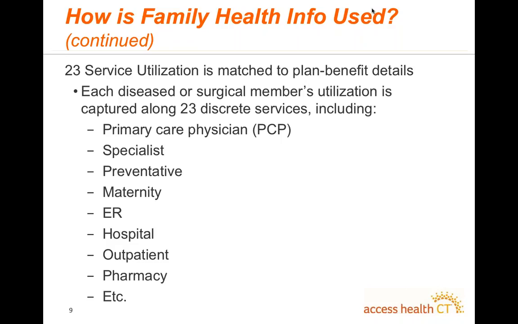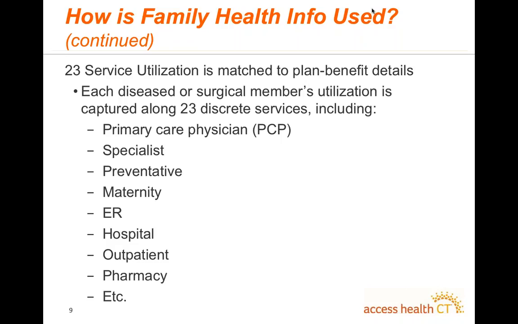So this is necessary because each plan, whether across different metal tiers or within a given metal tier, is a little different in various benefit structure. And these benefits are compared across these 23 types of services. They also differ by plans on deductibles and out-of-pocket max considerations as well.